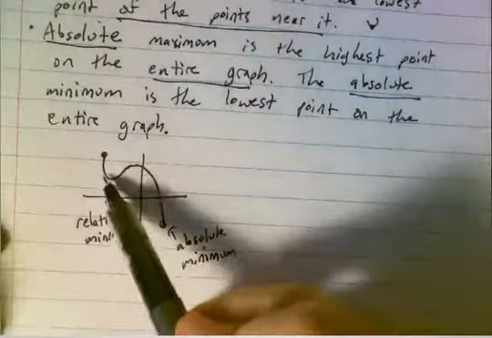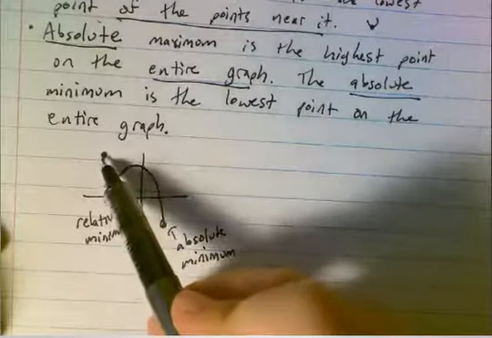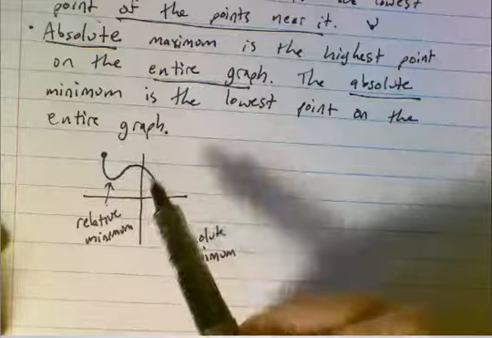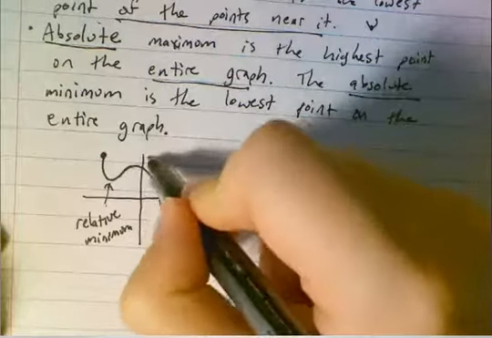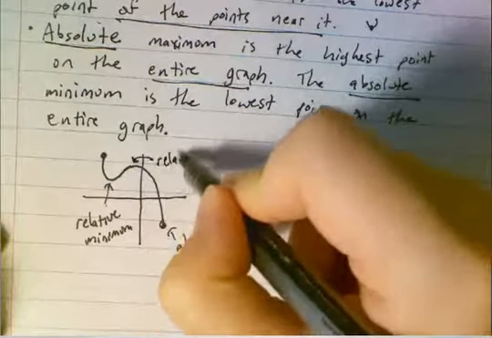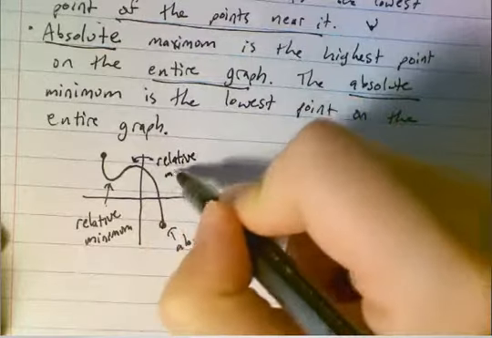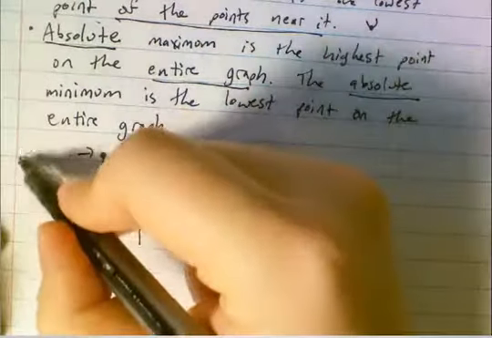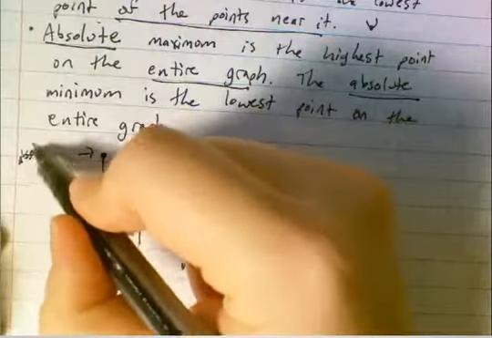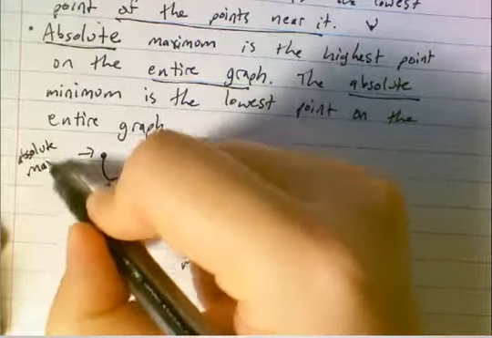It's not what we would think of as a relative minimum because it doesn't change from decreasing to increasing right here. But it is the lowest point, so it's the absolute minimum. And likewise, here's where we have a relative maximum. But this is actually the highest point on the graph. It's the absolute maximum.